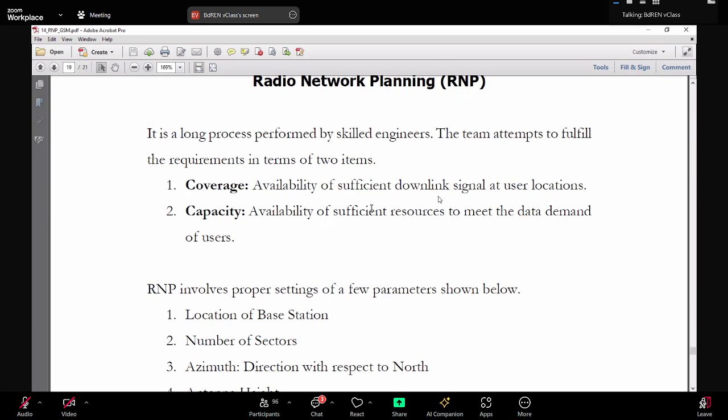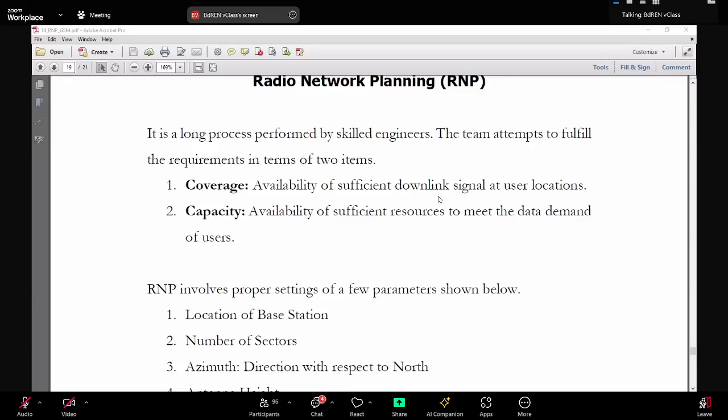But there can be also some places which don't get enough signal because of some clutter type in the area. I mean, different structures maybe blocking the signal. And in some places, you don't get enough signal. Okay, so although you wanted to have coverage, this is called a coverage hole.